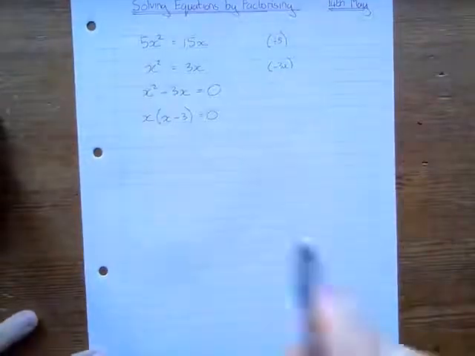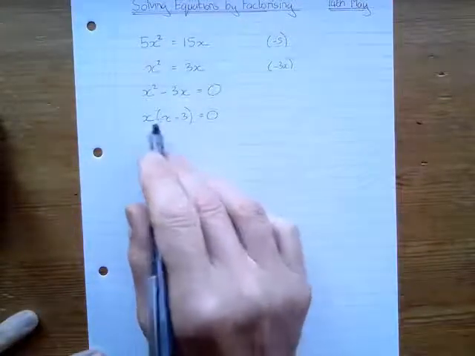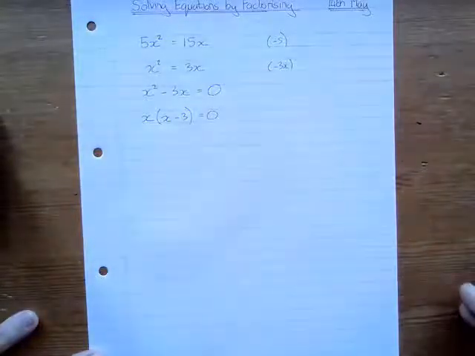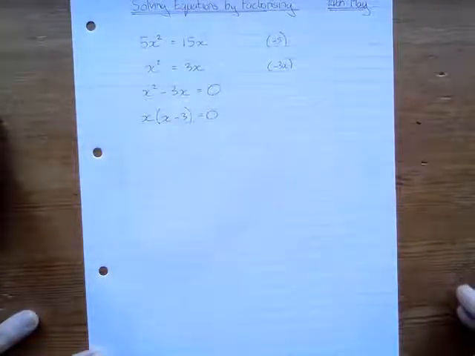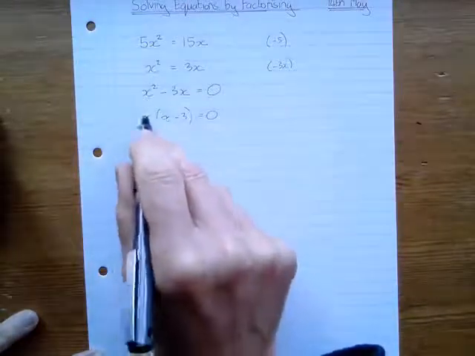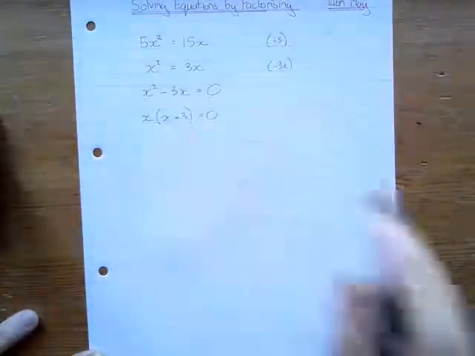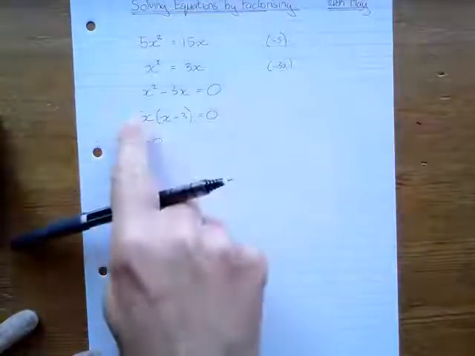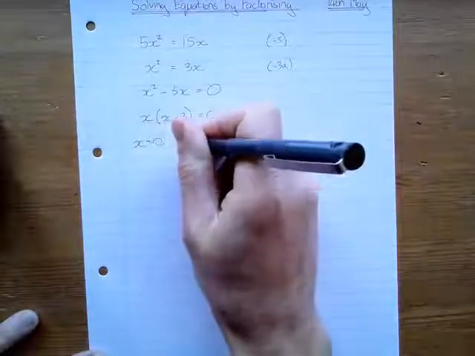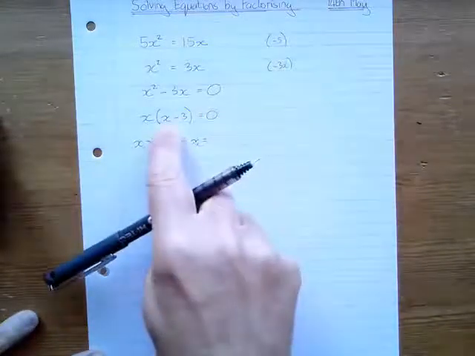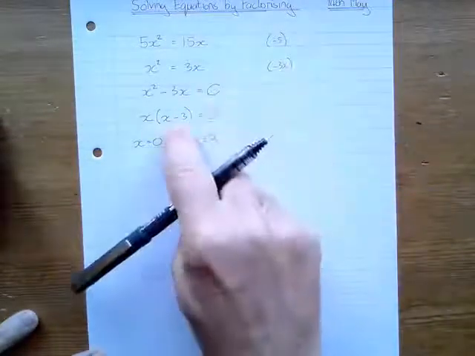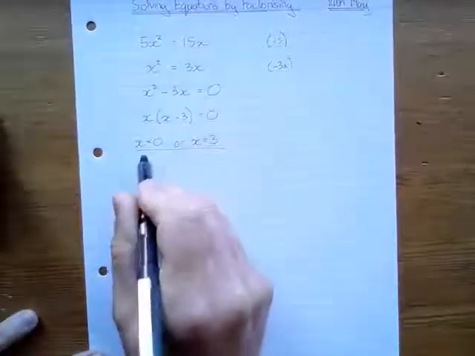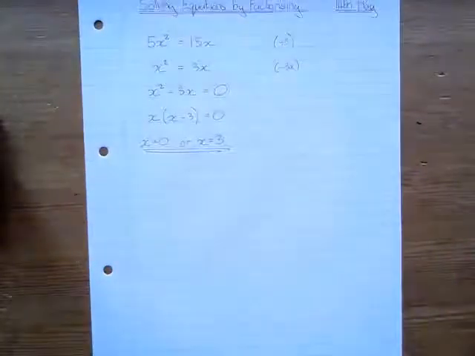Well, the only way that can happen is if either of the two things that are multiplied together has a value of 0, because 0 times something is 0 and something times 0 is 0. The only way that can happen is if x is 0 itself, that would make that bit 0, or x is equal to 3, the opposite of the sign there, because then that bracket would be 0. So the two answers to this question are x equals 0 or x equals 3.